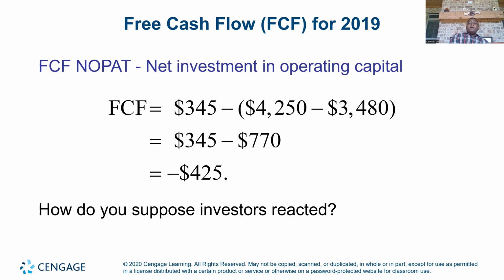And then the last step is the calculation of free cash flow, which is what we obtained in step 1, the net operating profit after taxes, minus the net investment in operating capital. Once we do that, 345 million minus 770 million, we have a negative free cash flow of 425 million.